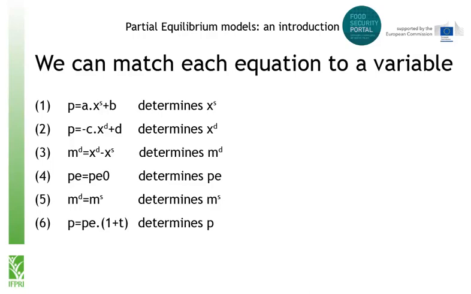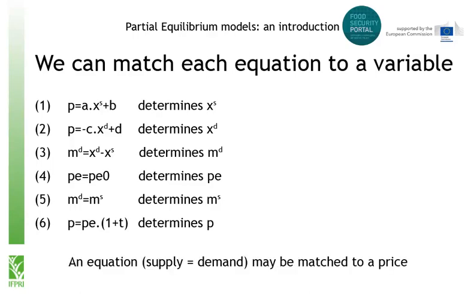I accept the first interpretation here, that equation 4 determines PE and equation 5 determines MS. But what you have to keep in mind is that an equation of supply equal to demand may be matched to a price. It's very interesting, because you don't have the variable which is determined by these equations in the equation, and even so, these equations determine the price.